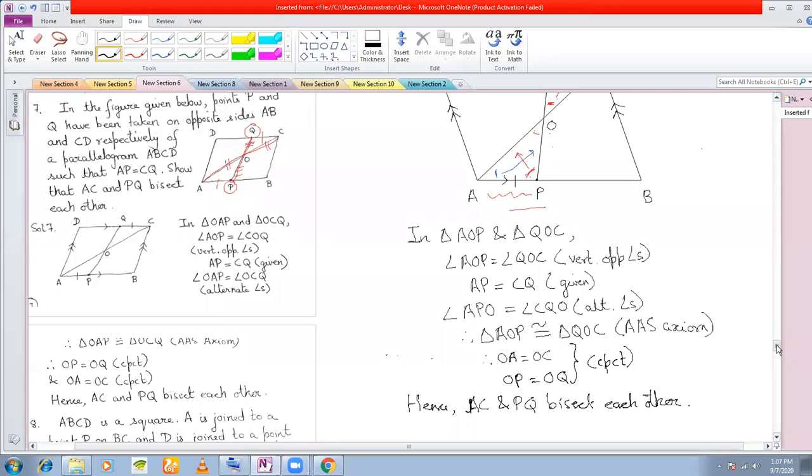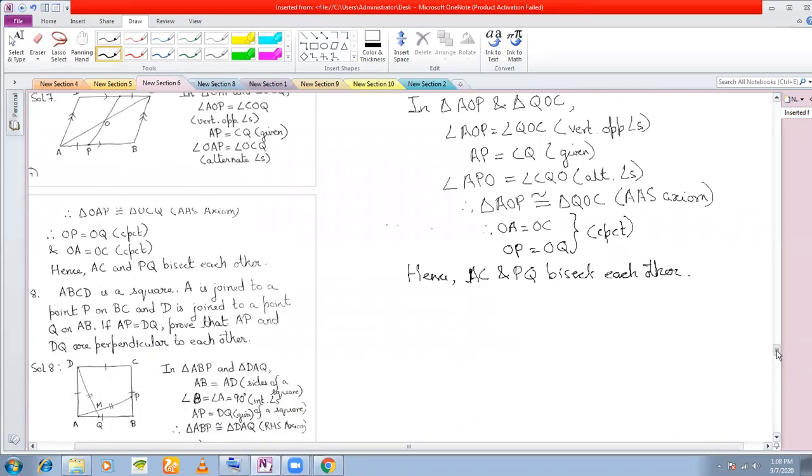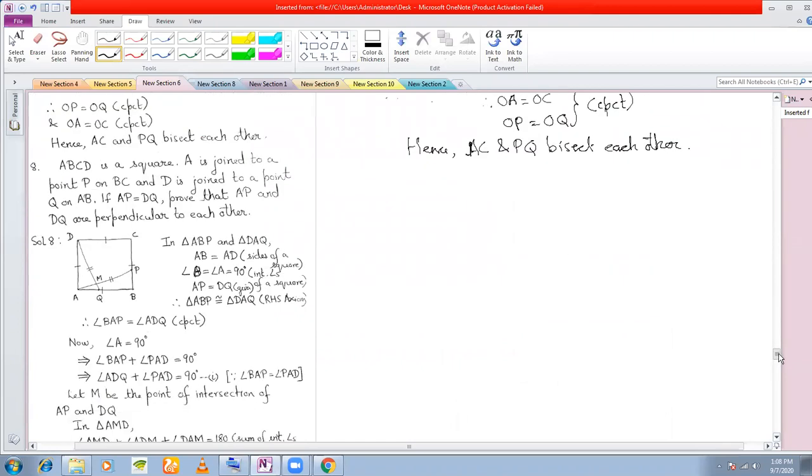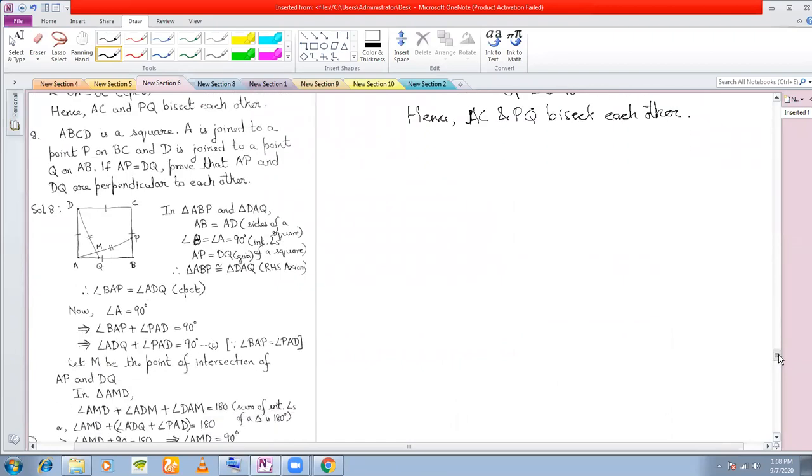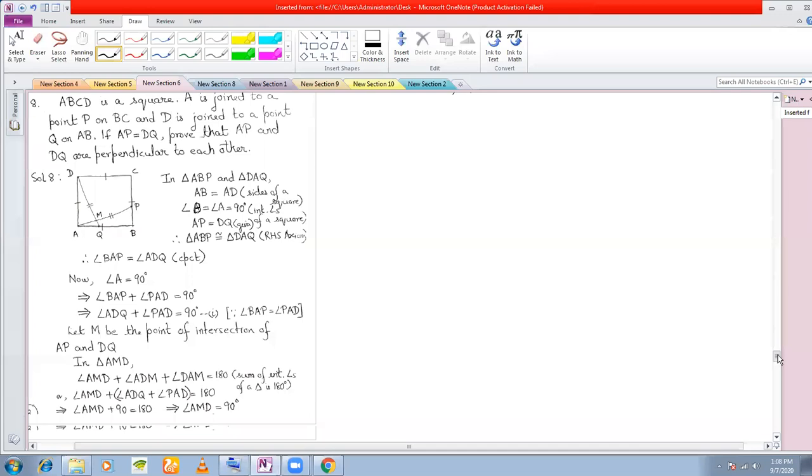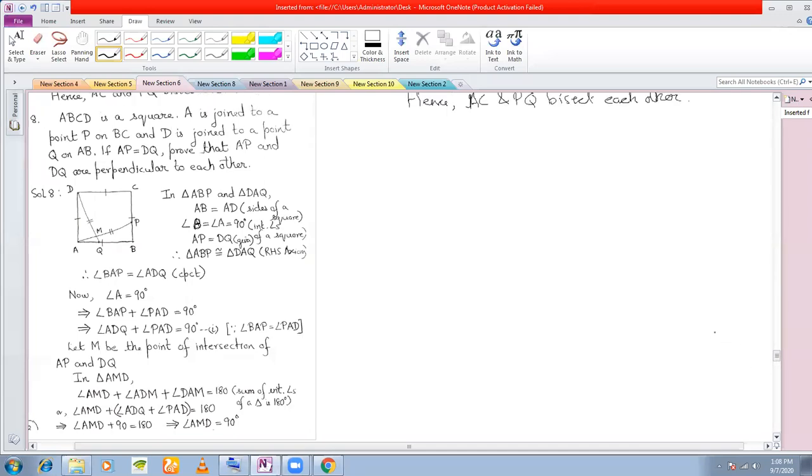And since I have a little bit of time left here, I'll just give you a little bit of idea of the next problem. I will do the writing part in the next class. So what you need to do here is first see what is given. ABCD is a square. Let's draw a square ABCD.